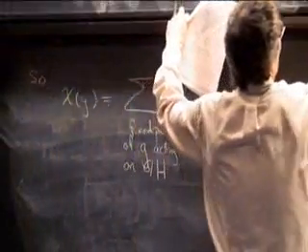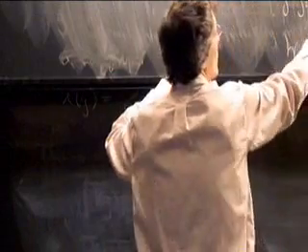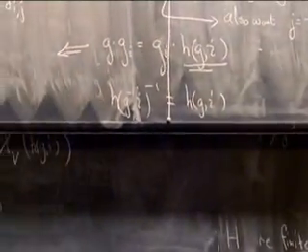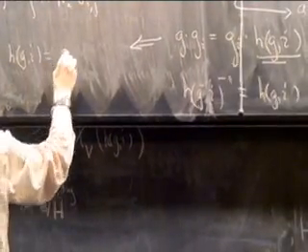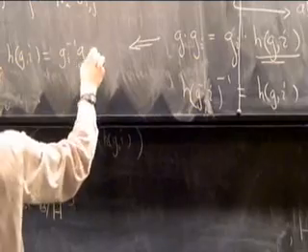But you see, h of g, i is equal to this thing here, and this implies that h of g comma i is g_i inverse g g_i.